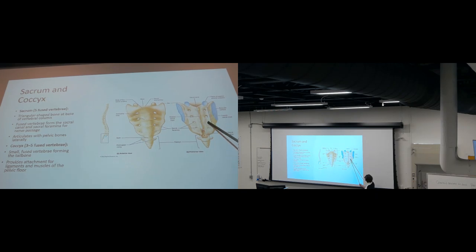On the sides of the median sacral crest, you have the posterior sacral foramina, and then you have the lateral sacral crest. So if the median sacral crest is the fusion of the spinous processes, then the lateral sacral crest will be the fusion of what processes?